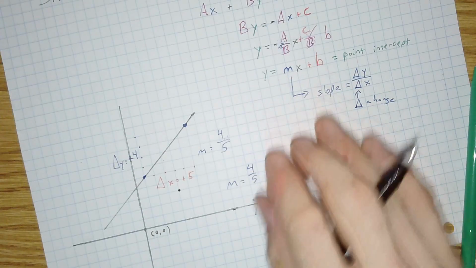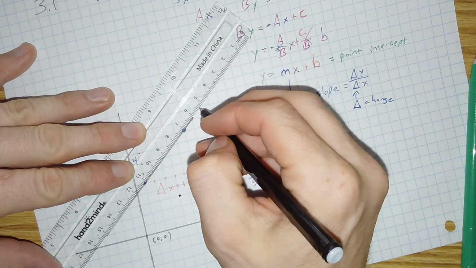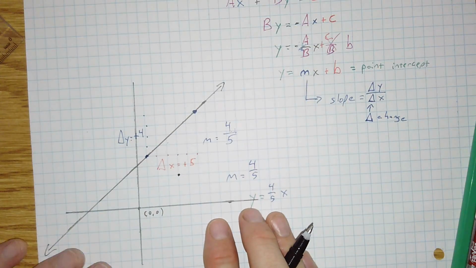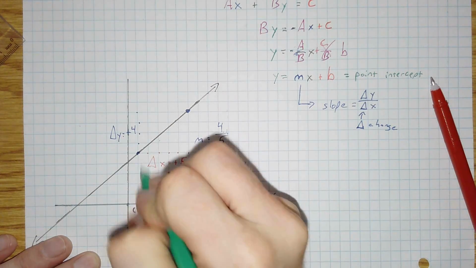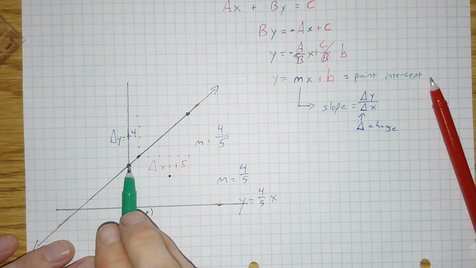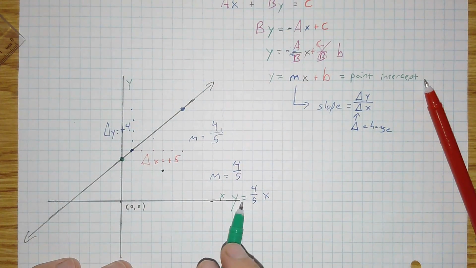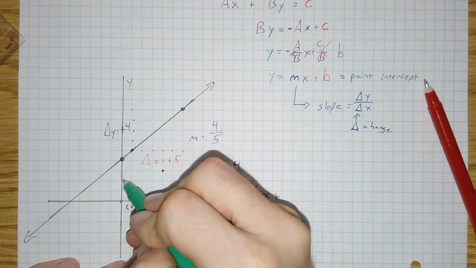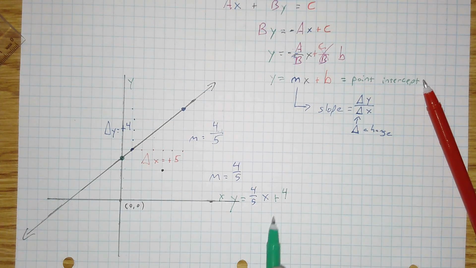I'll go ahead and continue my line this way, going on for infinity, x and y going on for infinity. So my b value is where this line intercepts my y axis, right? It's going to be y equals mx plus b, and b is going to be 1, 2, 3, 4. So y equals 4/5 x plus b.